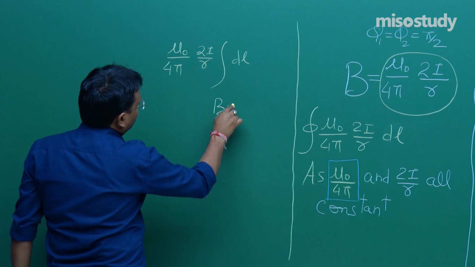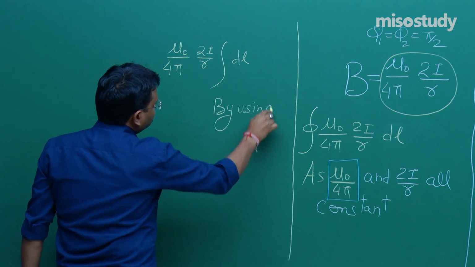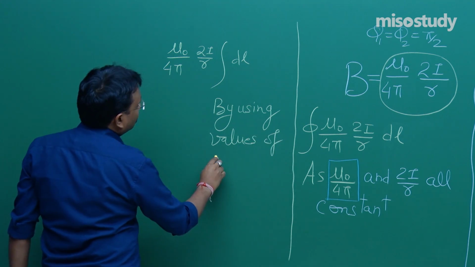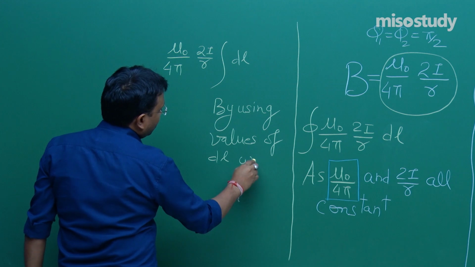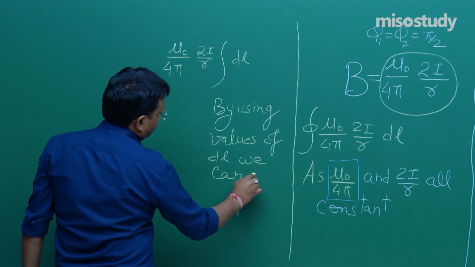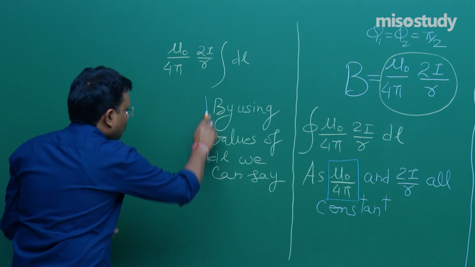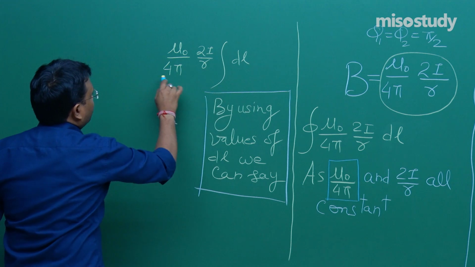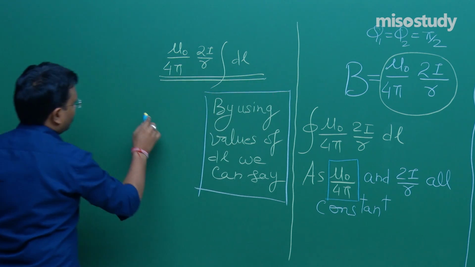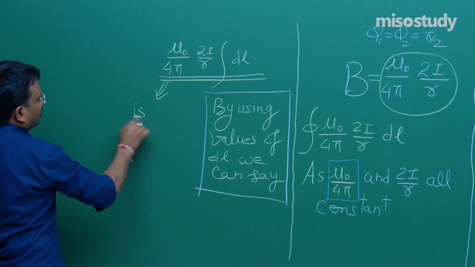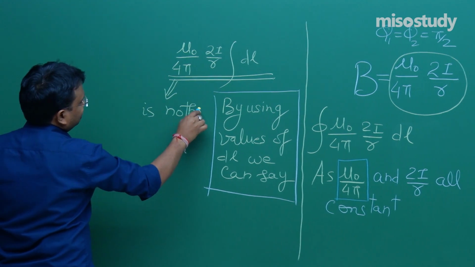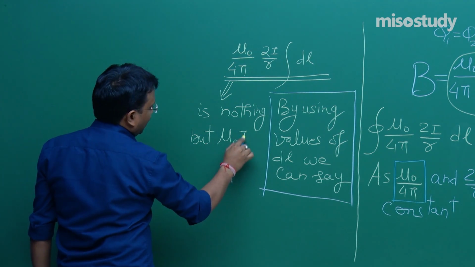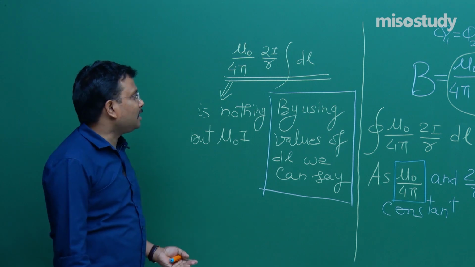Putting the values, using the values of this dl, we can say this entire expression is nothing but mu naught I. So this way you can say we provided a proof for that.